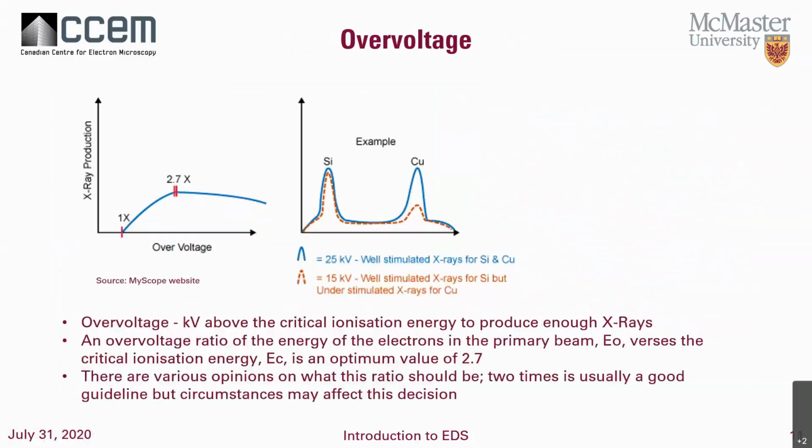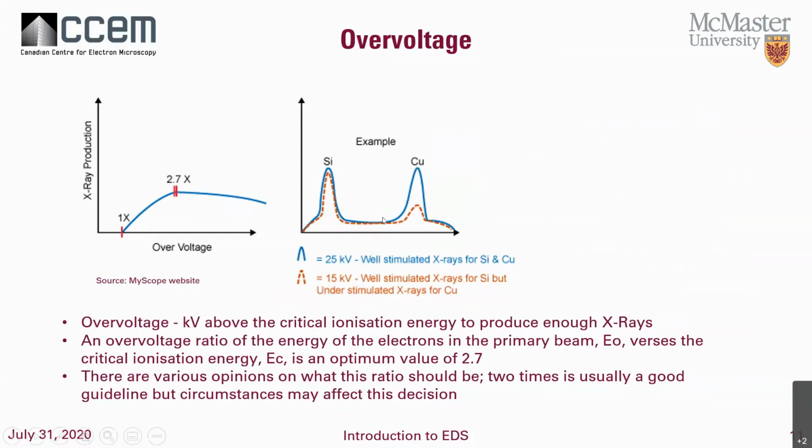Now, what's important here is you have to have enough voltage to get enough stimulation of the X-rays within a material. And usually, if you're looking at X-ray production versus the voltage, the magic optimal number ends up being 2.7. So you want to have it above 1 times that energy so that you don't get just a few X-rays. So usually we're trying to get in the region of 2 times the voltage in order to stimulate the X-rays.